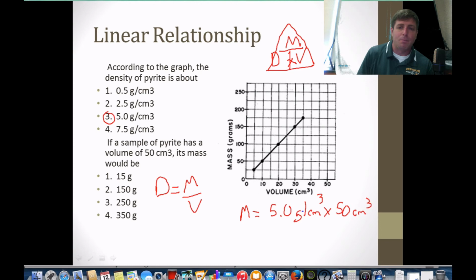So if we take 5 and multiply it by 50, maybe you can do that in your head, maybe you can't, but the answer is going to be 250 grams. Again, we got just grams here because the centimeters cubed cancel out. So we're left with 250 grams. So you could actually do this with the graph, extrapolate the graph, or mathematically, either way.